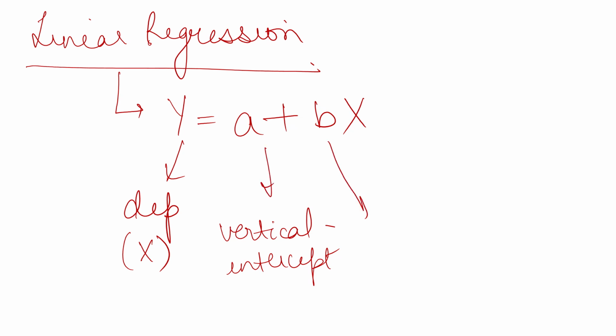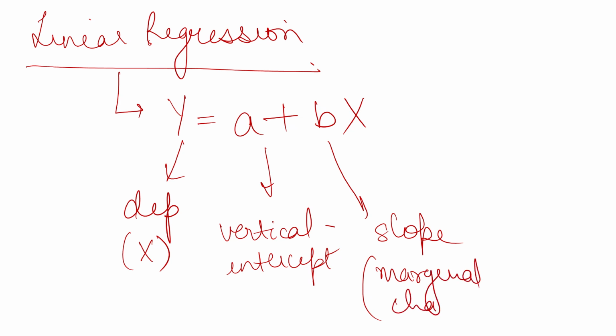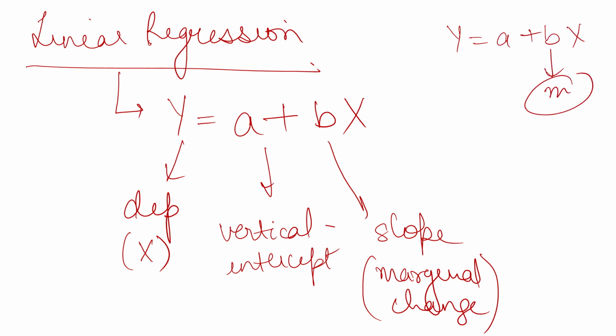B is your slope. By slope, we also refer to as marginal change. In any question that you are given, if you are asked, what is the marginal change in demand when the price increases by so and so, you have to basically calculate the slope. First, you'll calculate the regression equation, and then you will say that this slope is basically the marginal change. And x is your independent variable that does not depend on any of them.